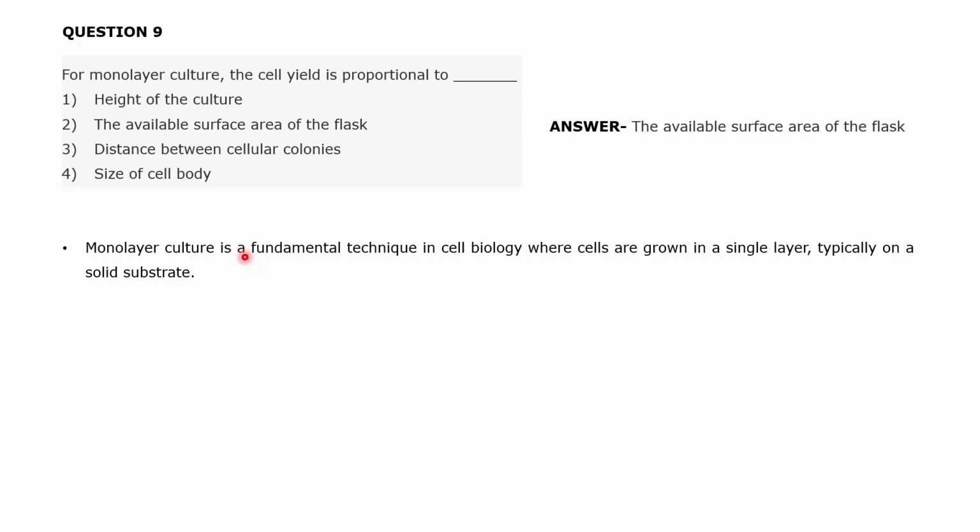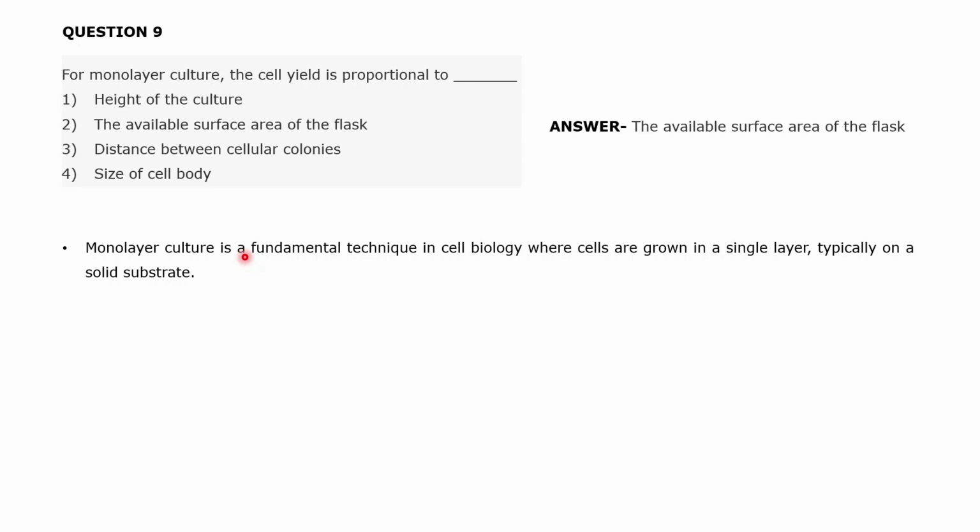As it forms a single layer, it proliferates and spreads in a unidirectional way, and then it covers the surface area of the flask.